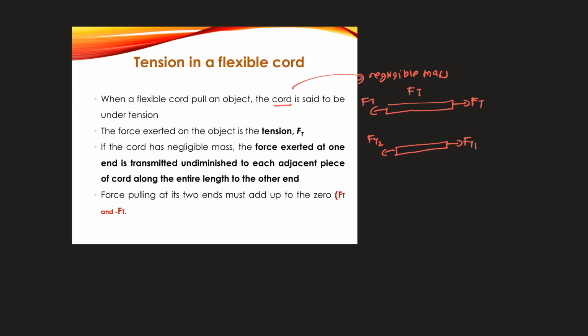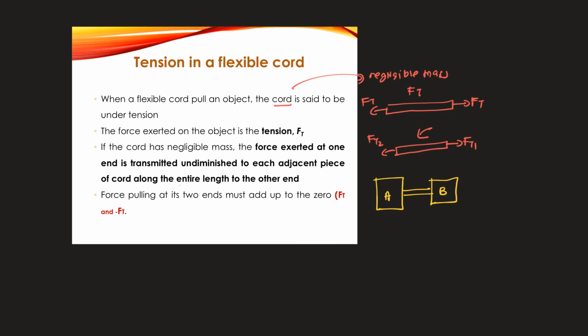Because it is attached to different objects, we can say this one is another object. You have object A, you have a cord that has a mass, and then you have B here.